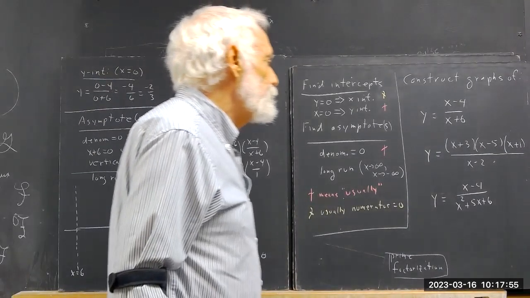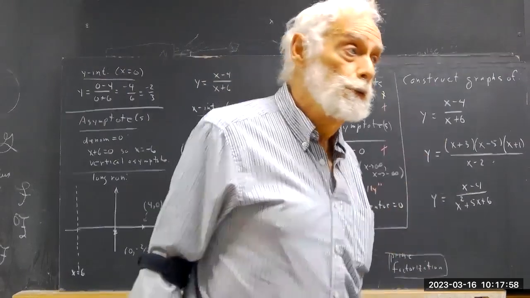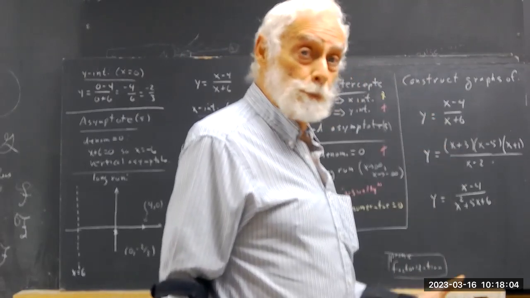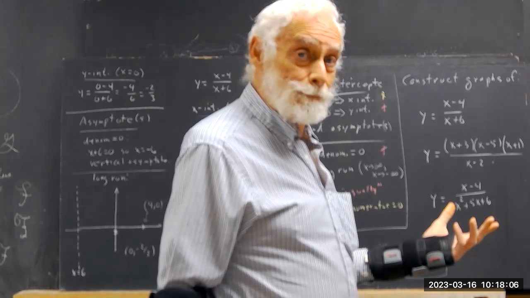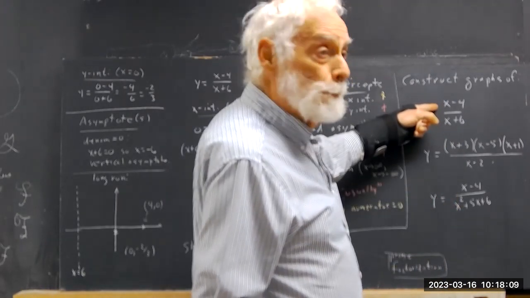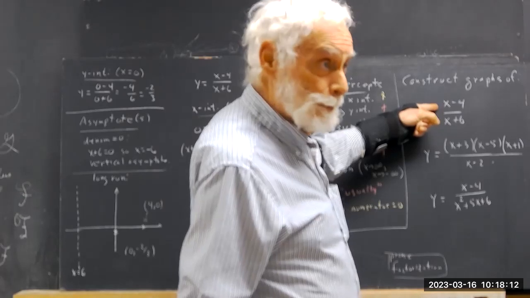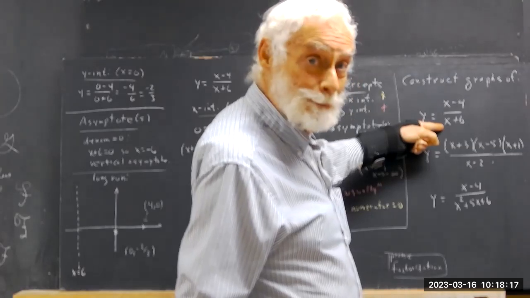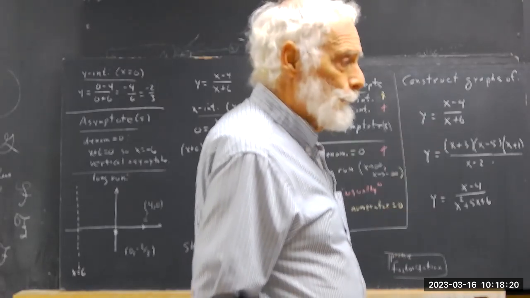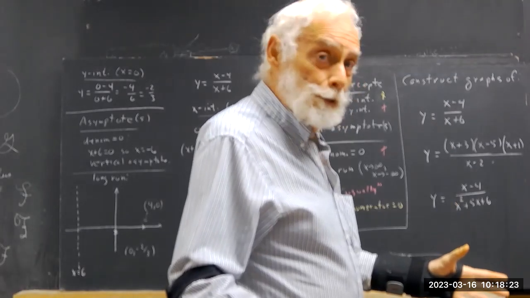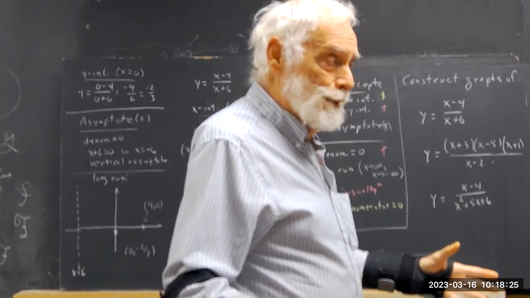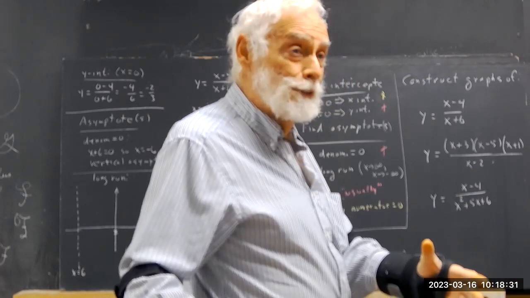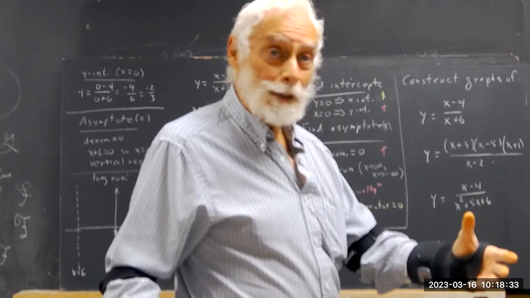Well, if x is really huge, if x is a million, then what's (x minus 4) over (x plus 6) close to? Well, a million minus 4 is practically a million, isn't it? And a million plus 6 is real close to a million. If I show you a million things, you wouldn't be able to distinguish it from 999,996 things.